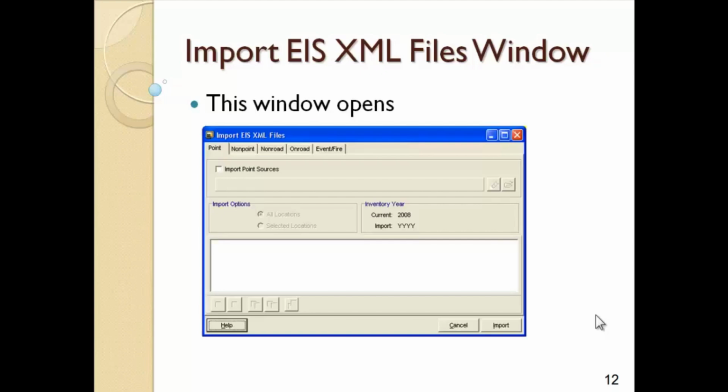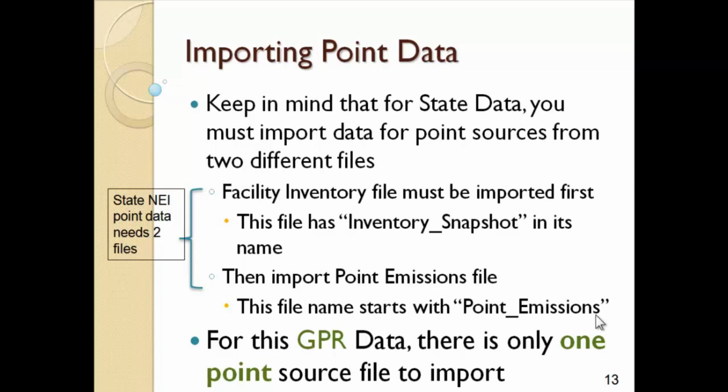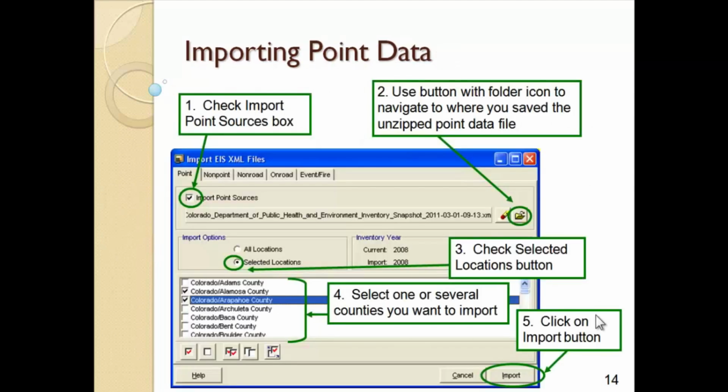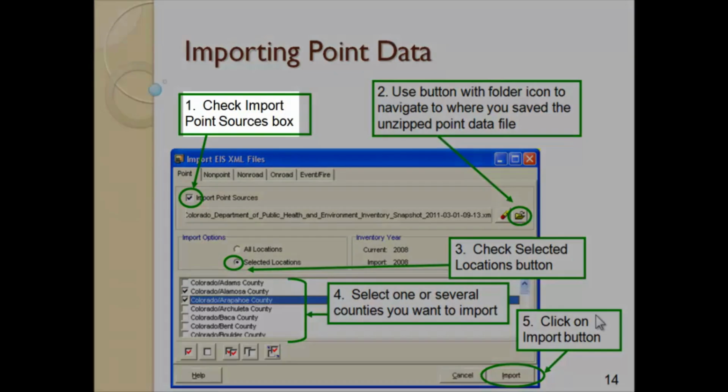There are different tabs in this window to allow you to import the data for the different categories, such as point, non-road, on-road. And we start with the point data just to show you how that looks. And this just gives you a rundown of how you're going to import that file.